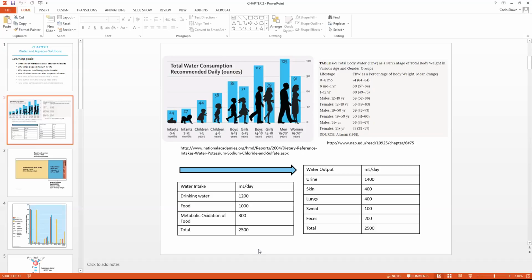And it probably won't surprise you to know that our water output through things like urine, skin, lungs, sweat, and feces equals about 2,500 milliliters per day. So one of the things that's a really interesting question to ask then is, well, what happens to that water that we take in? What do we do with it before we release it through our output?